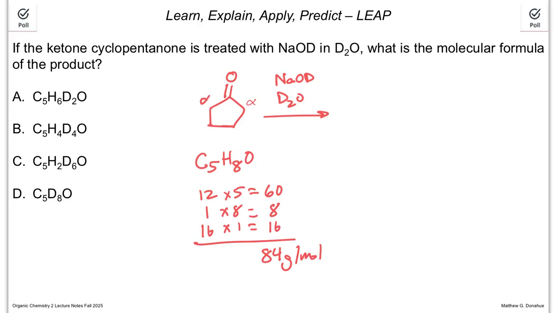So in this case, since it's symmetric, the alpha carbons are equivalent, so there's a mirror plane. And the action's only taking place at the alpha carbons.